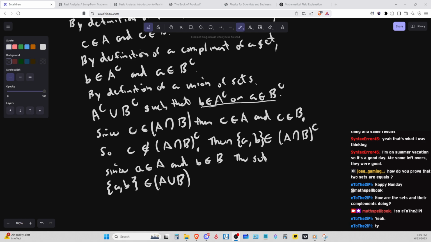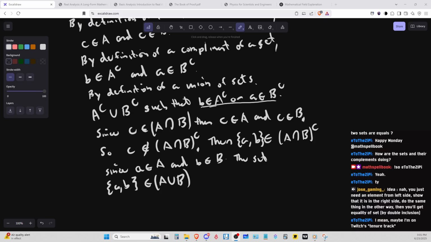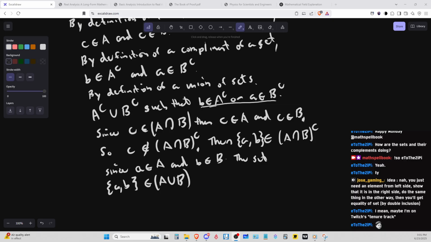How are sets and their complements doing? It feels like I have an idea. I feel like I'm actually on the right track, but at the same time, I don't know if I'm phrasing everything correctly. So I feel like we're getting very close though. So then, A and B are elements of the union.